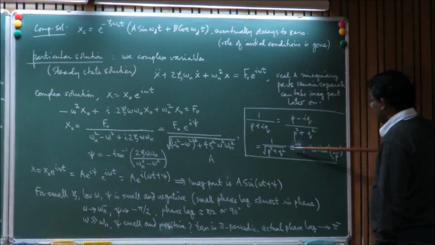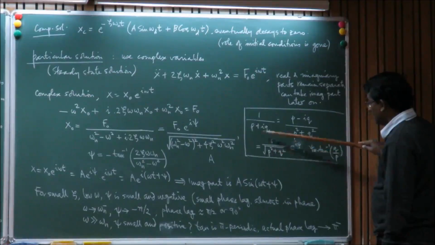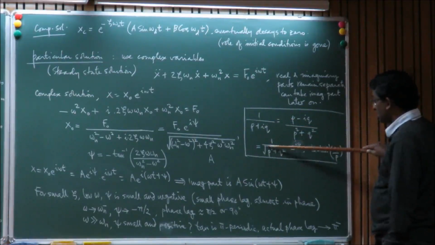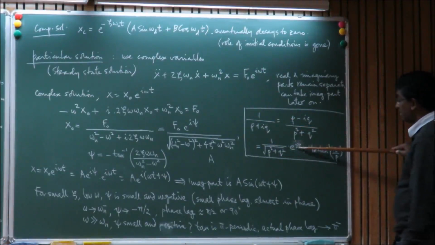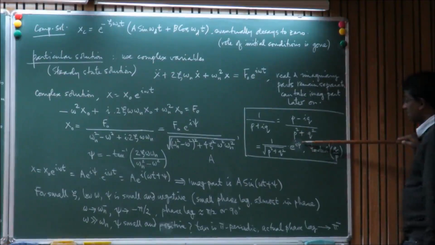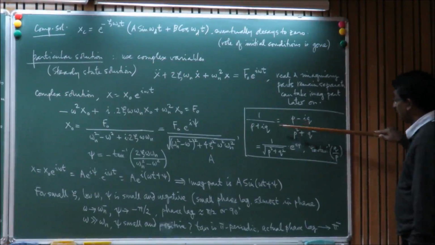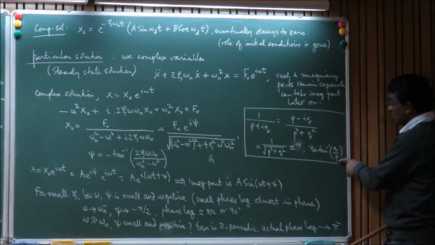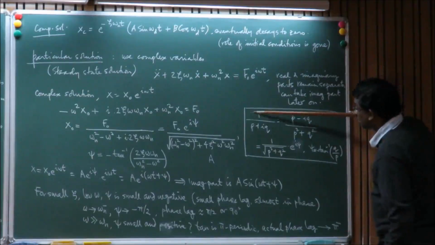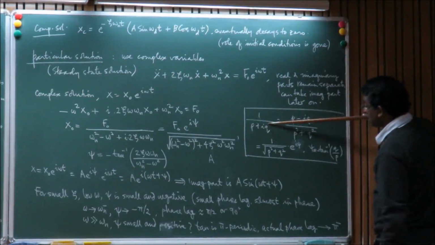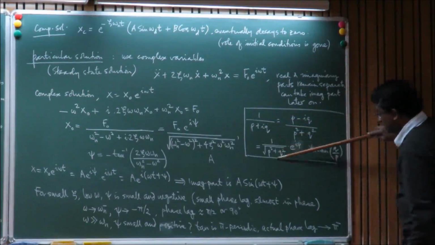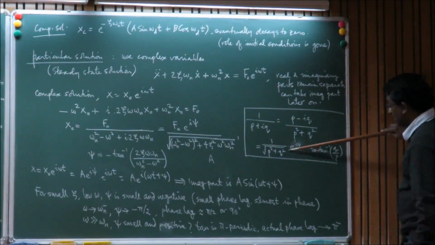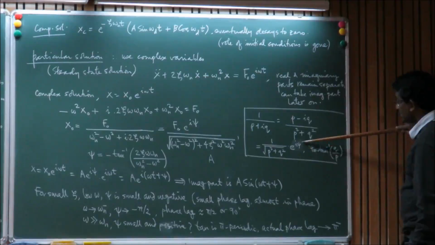When I cancel it, I can write this quantity as 1 over the square root of p squared plus q squared times e to the i psi, where psi is some phase. That phase is tan inverse q over p. So 1 over p plus iq is this magnitude, and this unit modulus complex number, the phase of which is this.